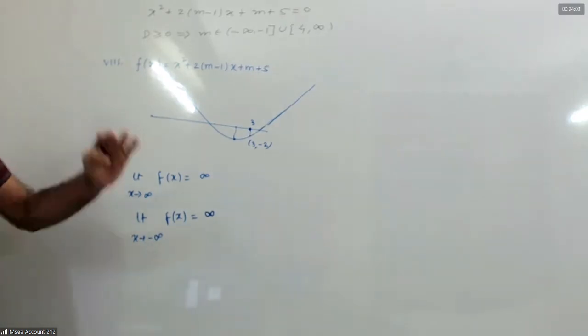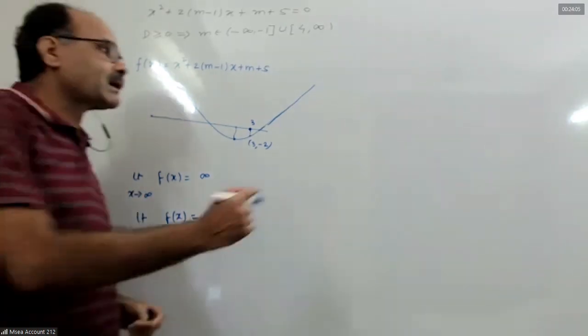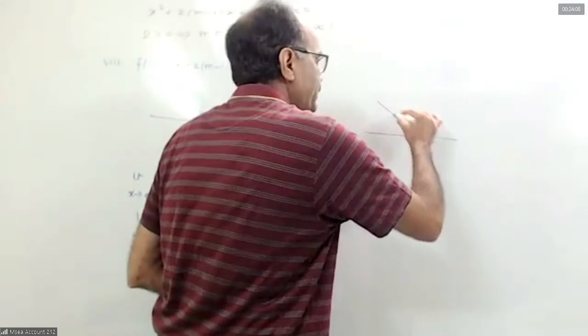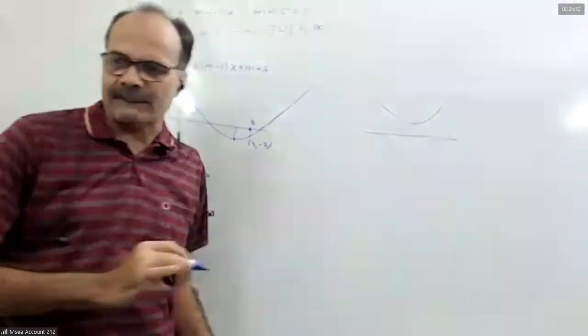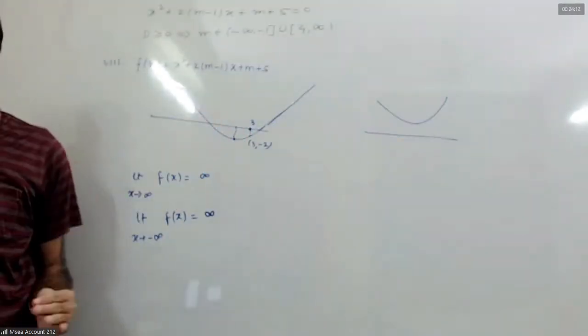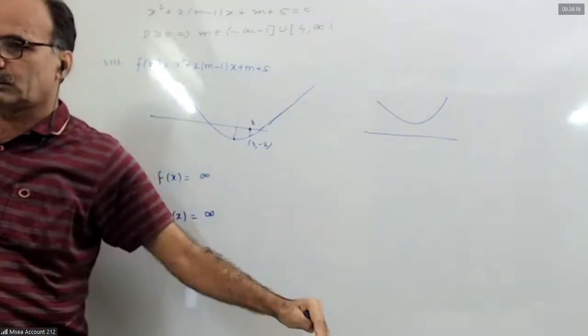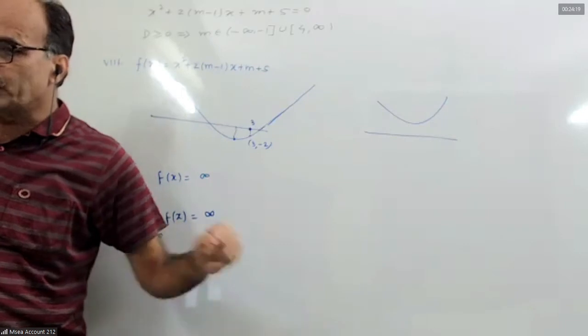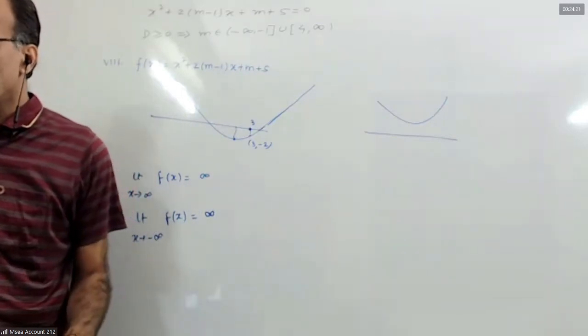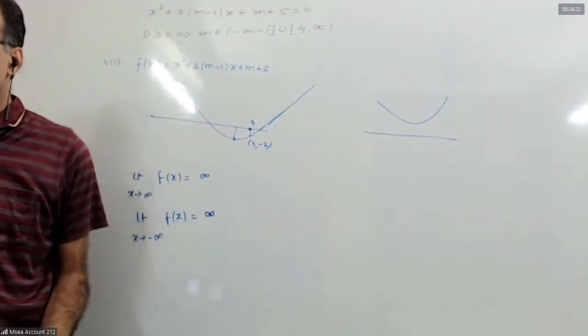So by imposing the condition, if the graph is lying above the x-axis, to bring it down we impose the condition d greater than or equal to 0.